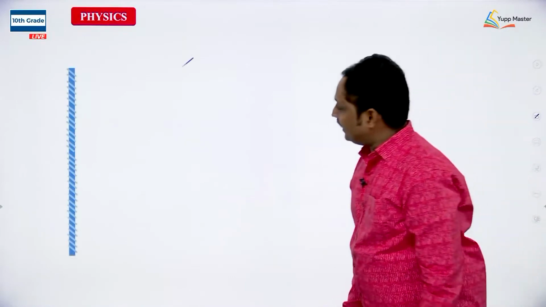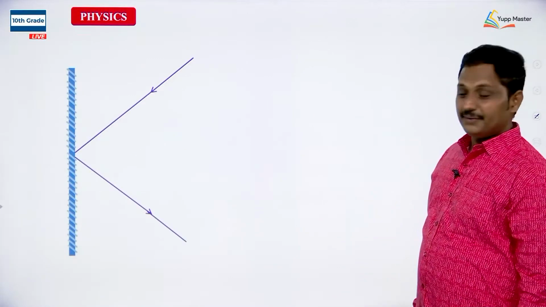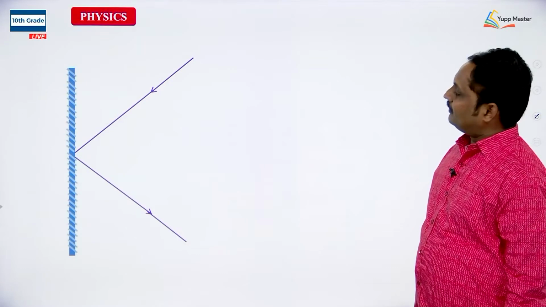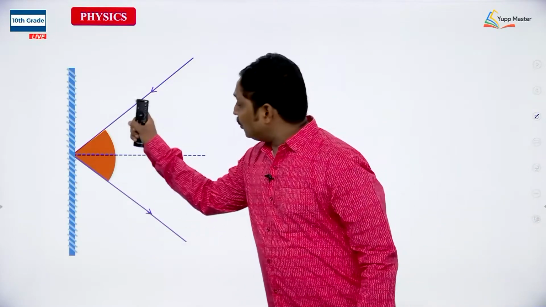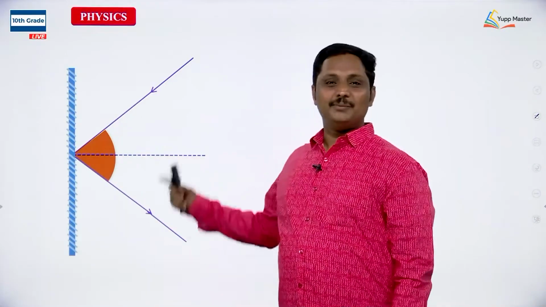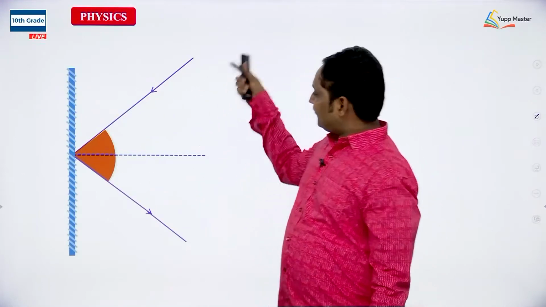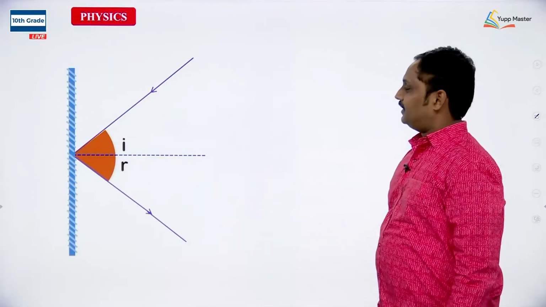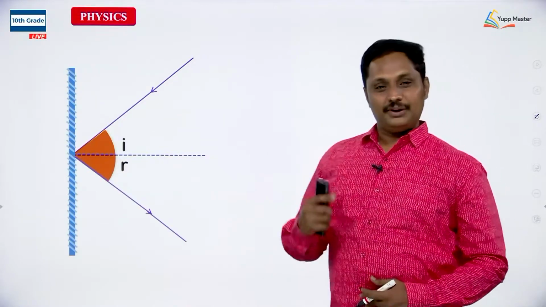This is one smooth surface. Light is incident, this is the incident light ray, please see that. I is the angle of incidence and R is the angle of reflection.